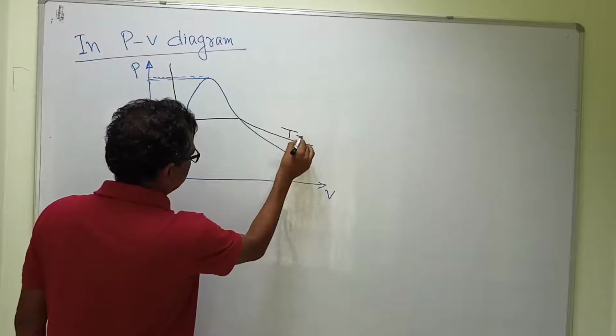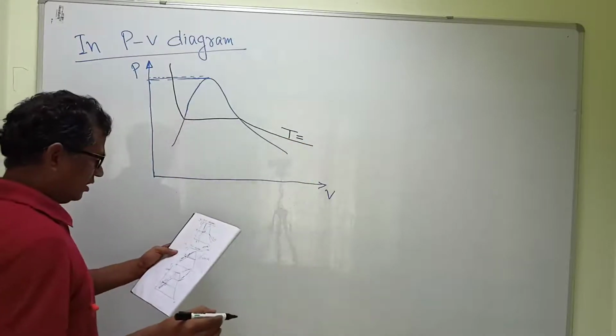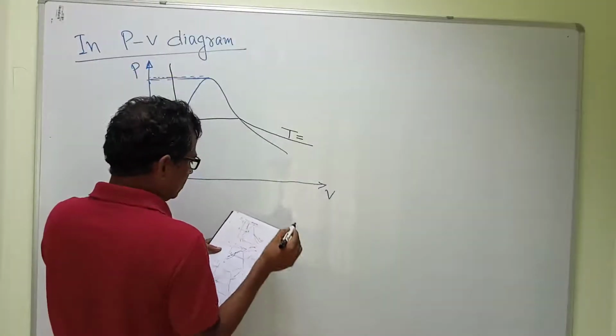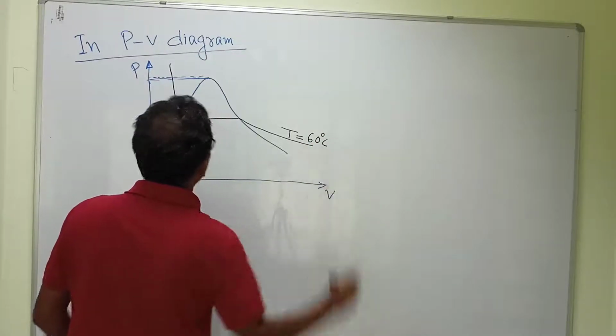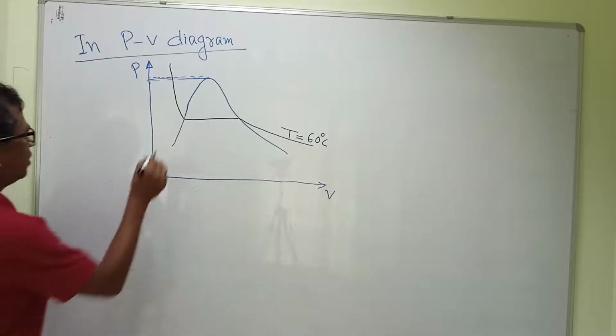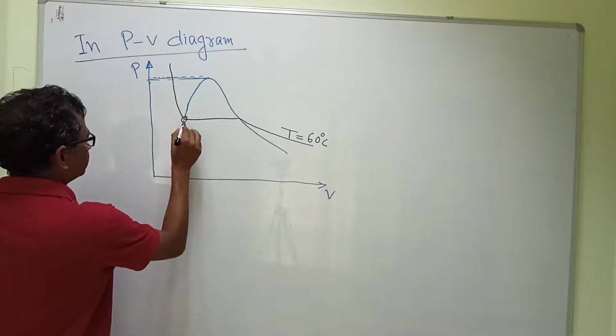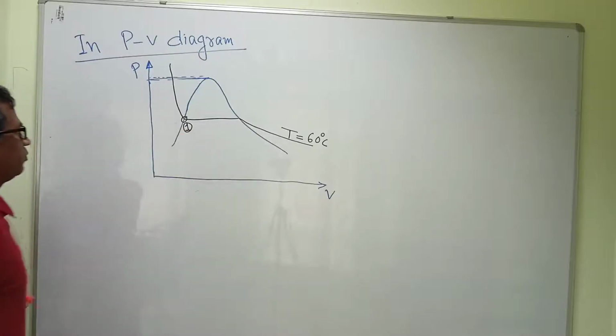So T is equal to, let's say, 60 degrees centigrade. So this was our state 1. This point was state 1.